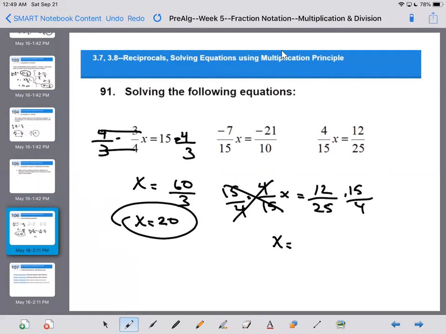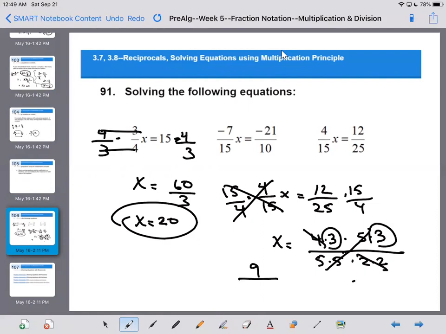So if I took 4 times 3 times 5 times 3 times 5 times 5 and 2 times 2, now we start to look at what would divide out. The 5s would divide out, this 2 times 2 and this 4. So I'm left with 3 times 3, which is 9, and 5, which is 9/5.